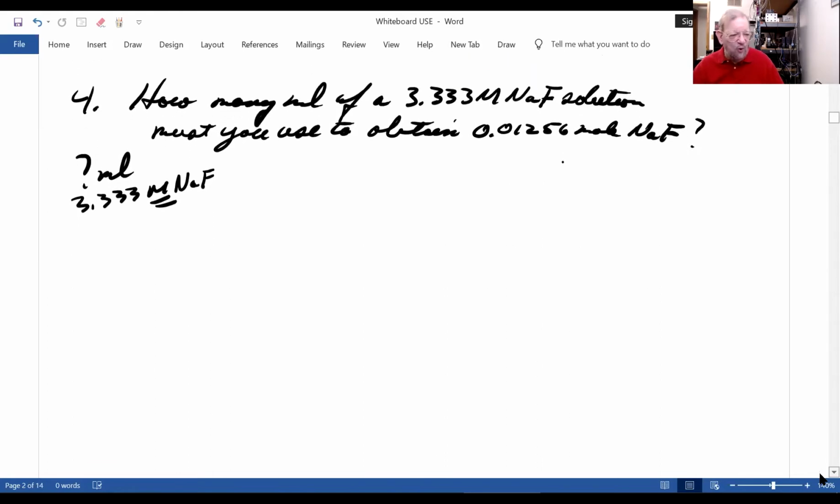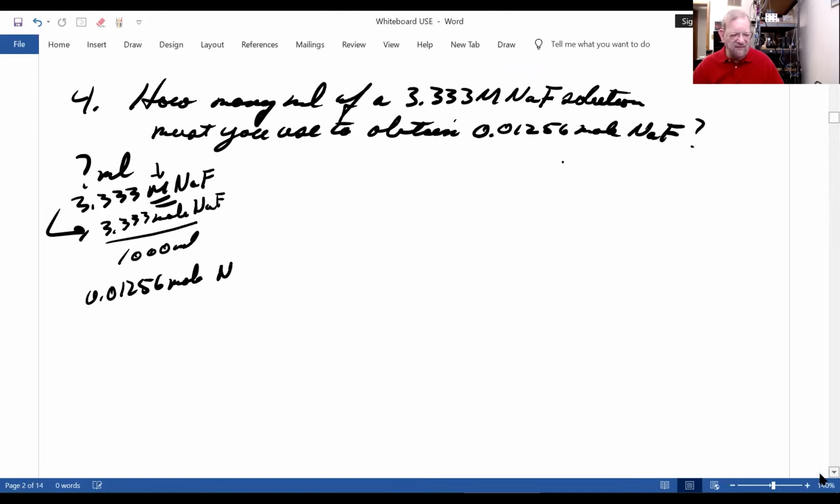What does this mean? Capital M, molarity, that's 3.333 moles sodium fluoride, NaF, per 1,000 milliliters. And we're also given how many moles? 0.01256 moles of sodium fluoride.